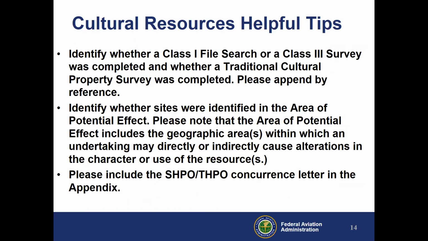Identify whether sites were included in the area of potential effect, and note that the APE includes the geographic area in which direct and indirect effects could occur. So again, thinking of the Endangered Species Act, it is the action area, but when you speak to the cultural resources, it's the area of potential effect. And please include any SHPO or THPO concurrence letters in the appendix.